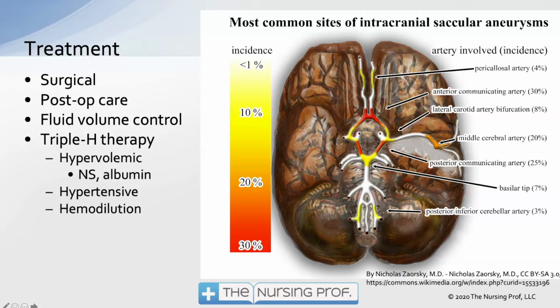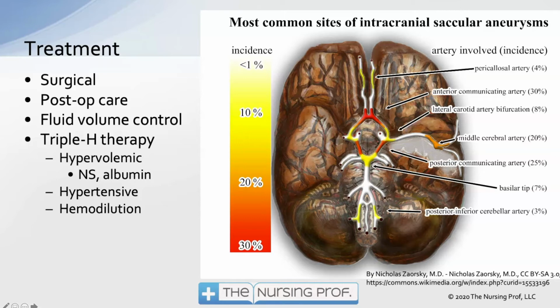Every time there's a bifurcation in the vasculature, it makes for another weak spot. So all of these bifurcations are weak spots, and that's where those aneurysms form. When you look at all of the colored spots on this diagram, you'll notice that almost all of them are in bifurcations.